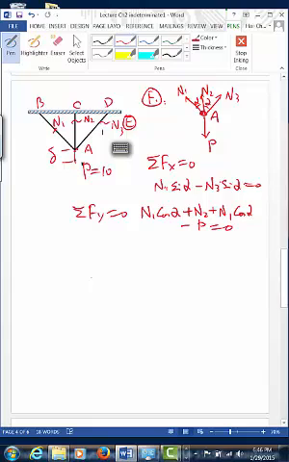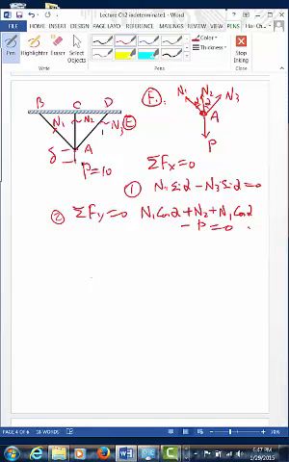Okay, so this is equation 1, and this is equation 2. Now we know we have two unknowns, N1 and N2, and there's only one equation left here, that's equation 2. So we cannot solve it, and therefore that's an indeterminate problem.